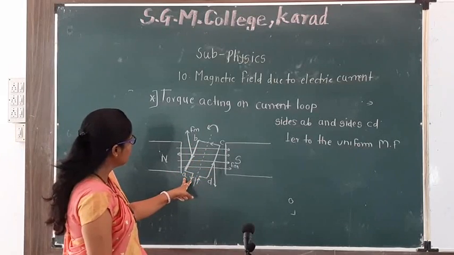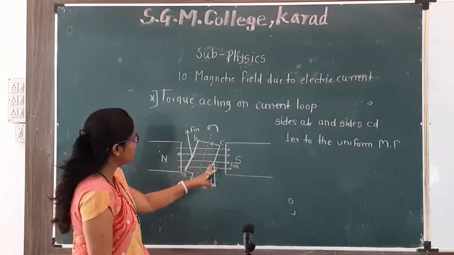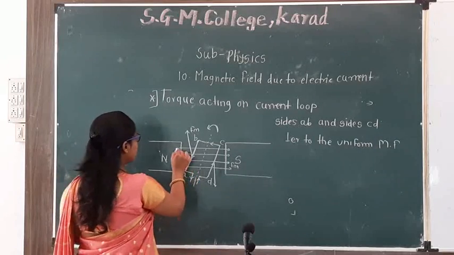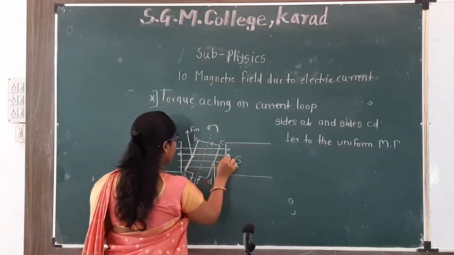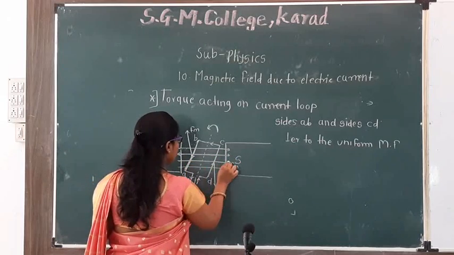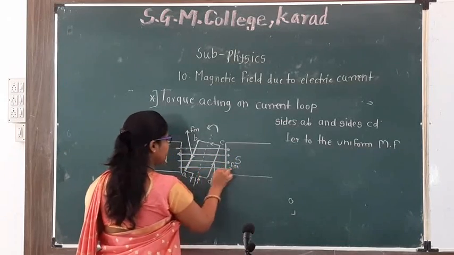This rectangular loop ABCD is placed in a uniform magnetic field.